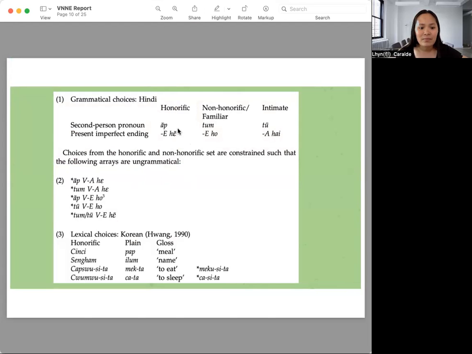We have a, and then for honorific, and then honorific, non-familiar, tom, intimate, to. Then present perfect ending, we have these words, he, who, I. Then choices from the honorific and non-honorific set as constraints, such as the following arrays are ungrammatical. So this one is not the right structure of the grammars that we are using in Hindi.